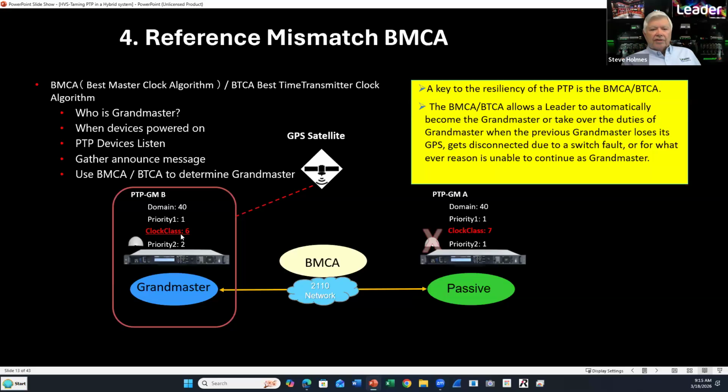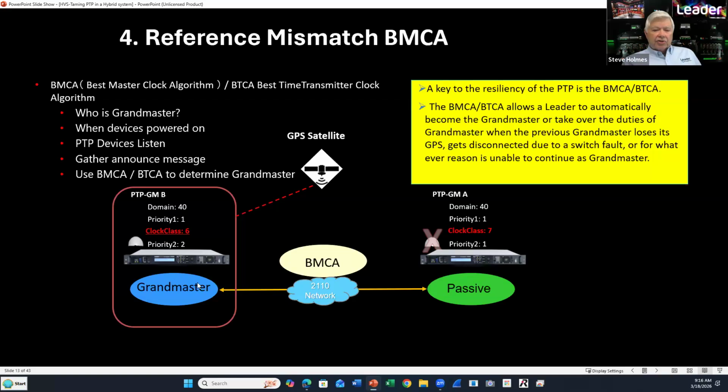This unit is still locked to GPS, and since the clock class sits above priority 2, it overrides priority 2, and this second unit here, your second grandmaster, will just walk in as being the grandmaster. It doesn't have to wait for PTP to go away. PTP was still running even when it was clock class 7.